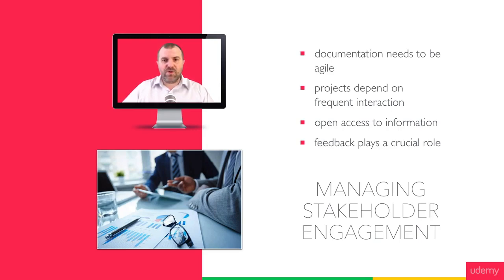Feedback plays a crucial role in helping Agile teams to maximize the value that they deliver to project customers. During release planning, customers provide feedback by creating and ordering the items in a product backlog.